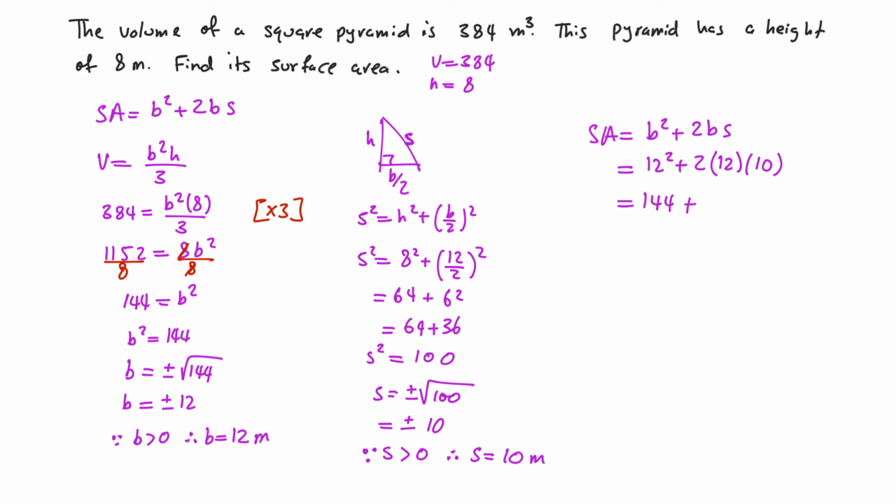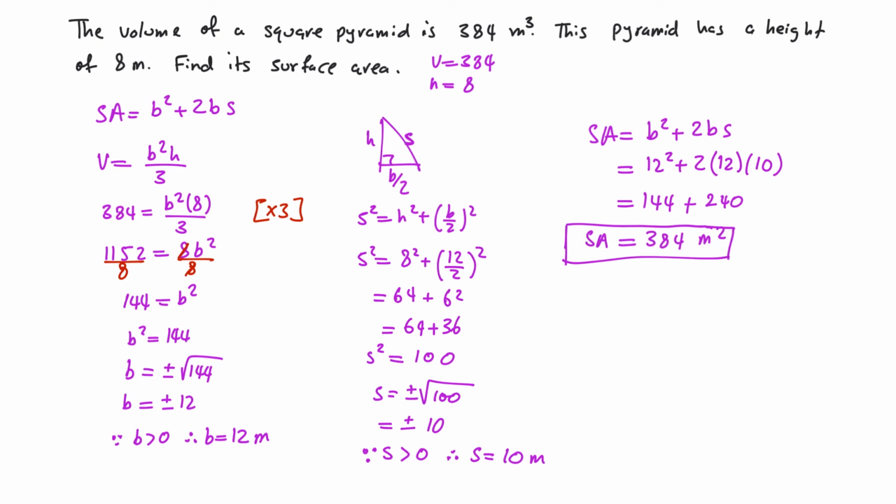Here I'm going to think of it as 2 times 10, which is 20, and 20 times 12, which is 240. When I add these up, I get surface area as being 384 meters squared. And that would be my final answer.